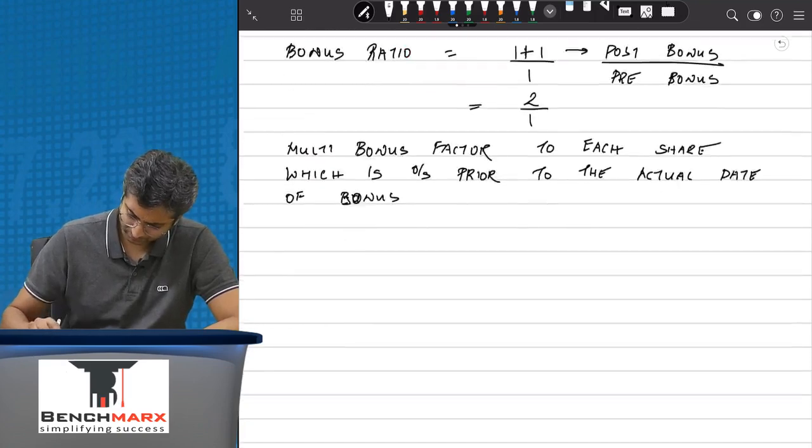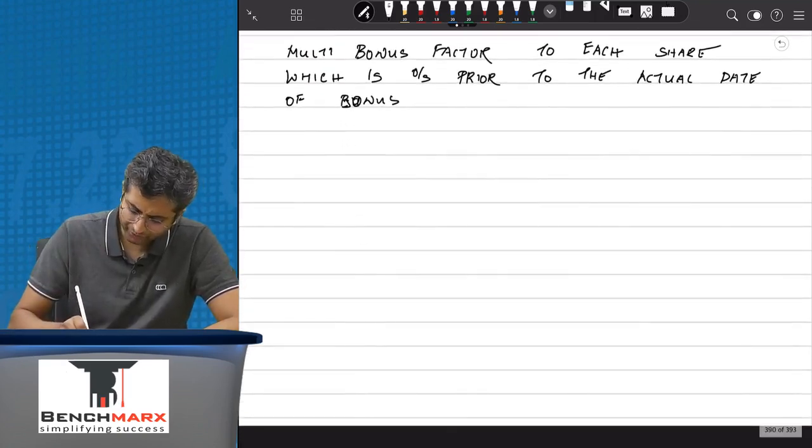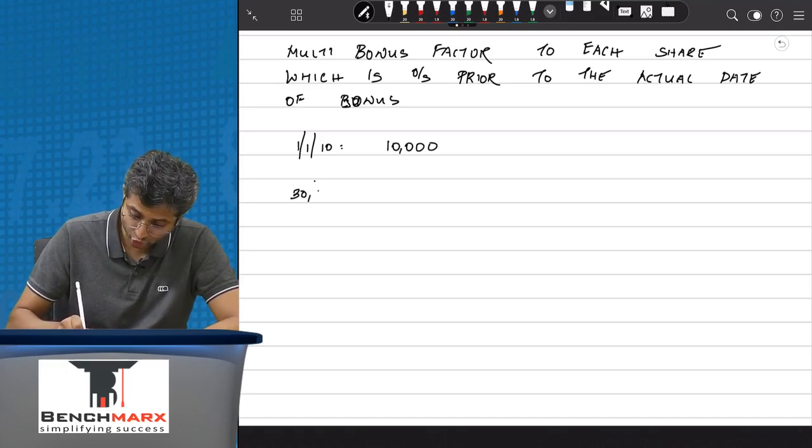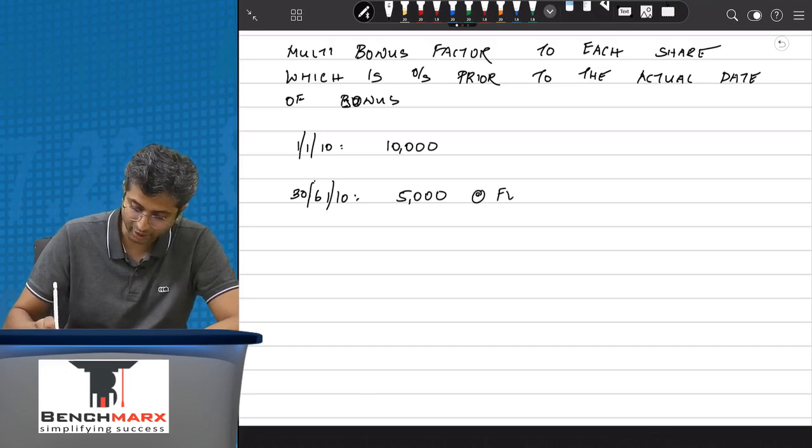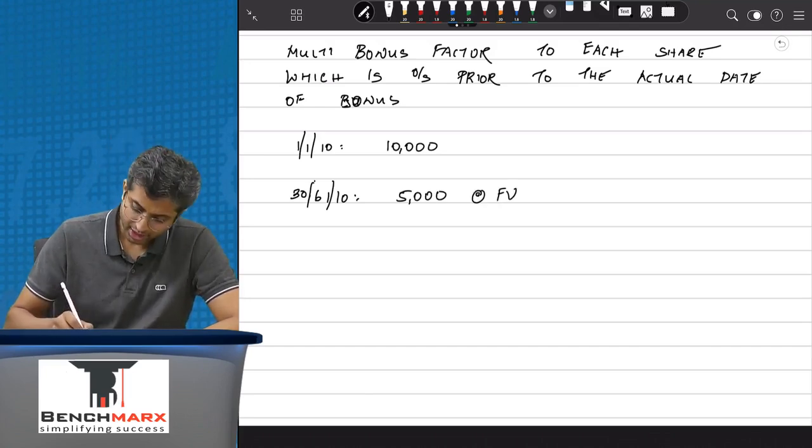Let us say on 1st of January 2010 there were 10,000 shares outstanding. Then on 30th of June 2010, please pay attention, you issued 5,000 more shares at fair value. This is not bonus shares.